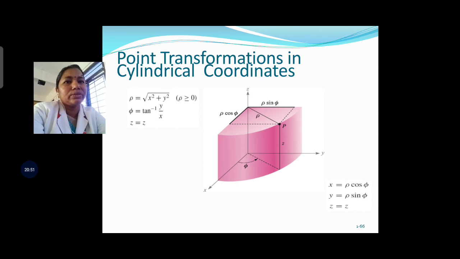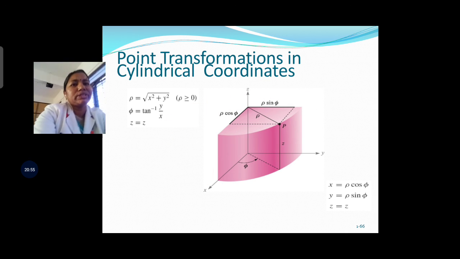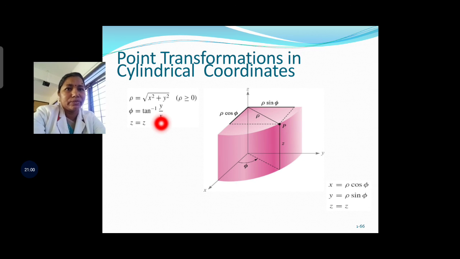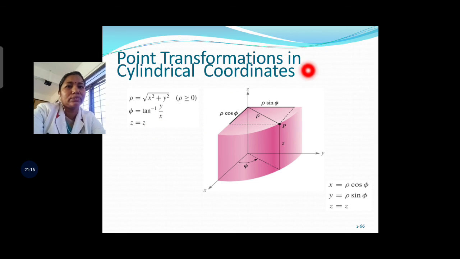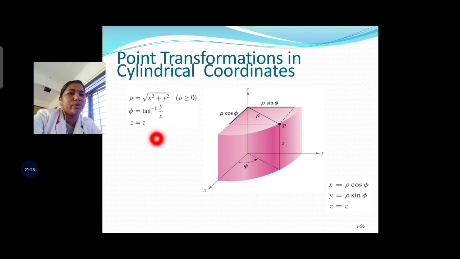Next is transformation in the cylindrical coordinate system. If x, y, z is given for the Cartesian coordinate system, we have to transform it into the cylindrical coordinate system. So rho is equal to the root of x square plus y square, phi is equal to tan inverse of y by x, and z equals z.